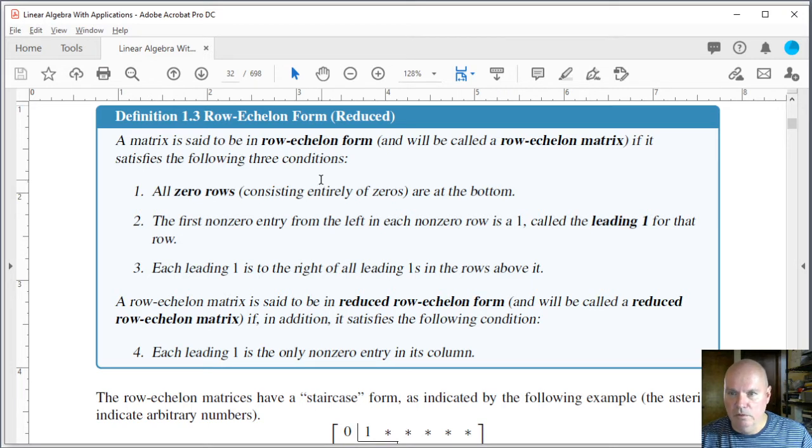All zero rows are at the bottom. The first non-zero entry from the left in any non-zero row is a 1, and it's called the leading one for that row, and each leading one is to the right of all leading ones in the rows above it. It's in reduced row echelon form if it also satisfies the condition that each leading one is the only non-zero entry in the column.